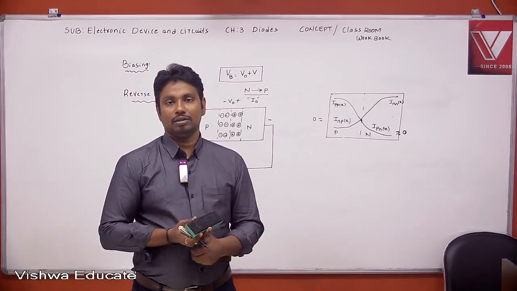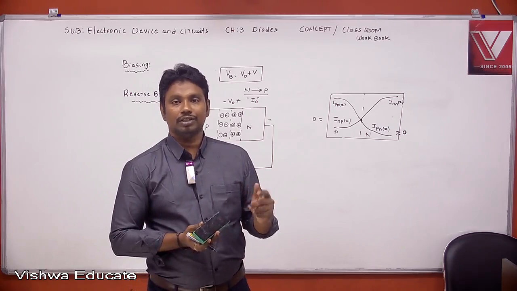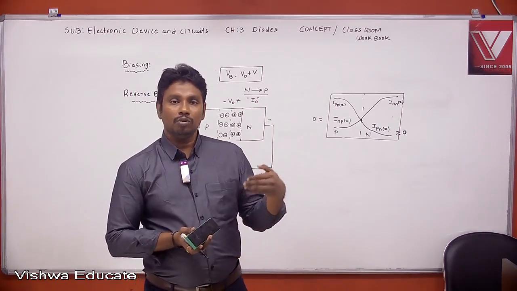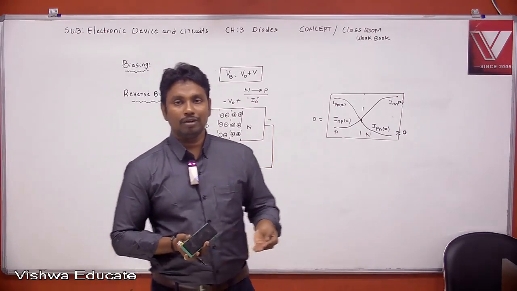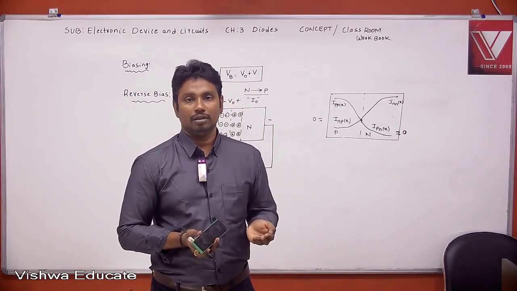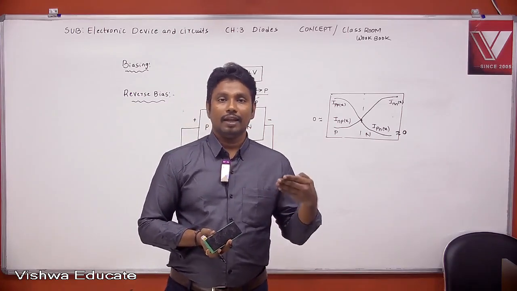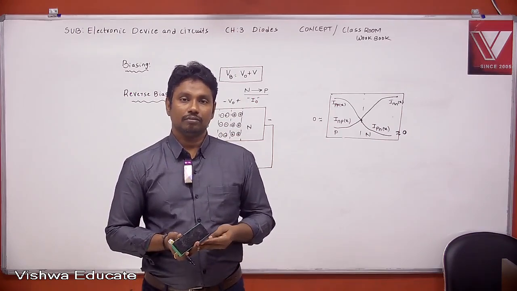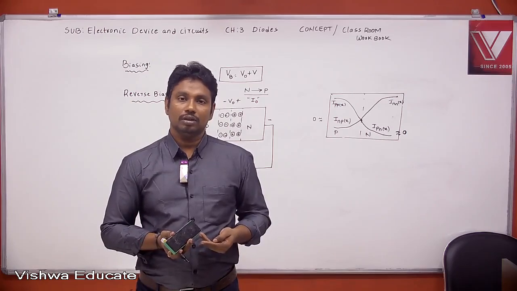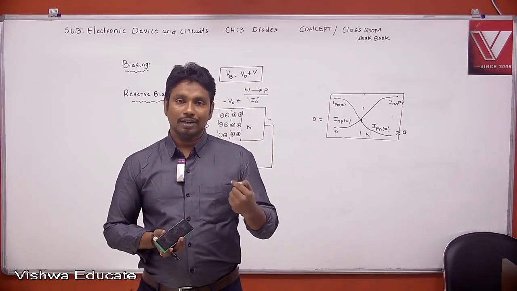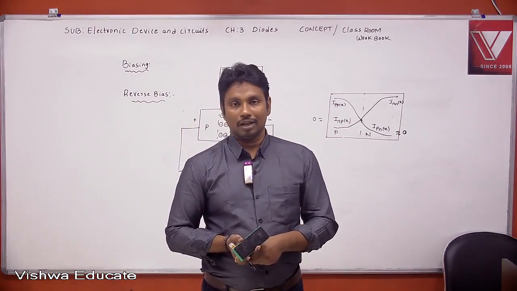Next point. But a few minority charge carriers will move from P to N and N to P and produce a current in the direction of N to P. Underline, in the direction of N to P. Which is constant and negligible.